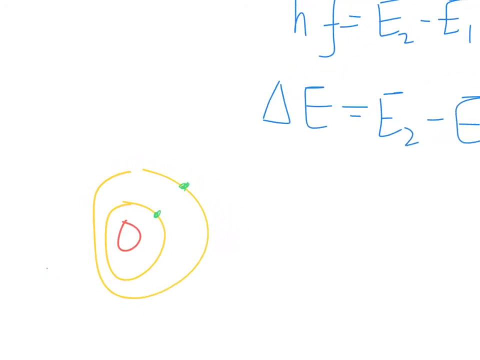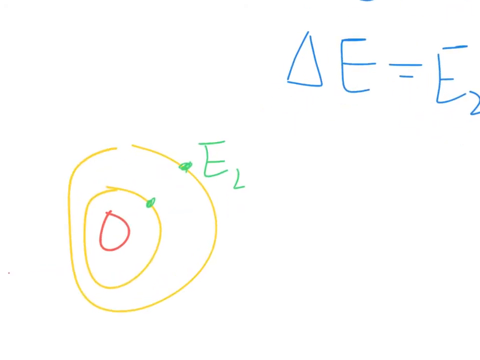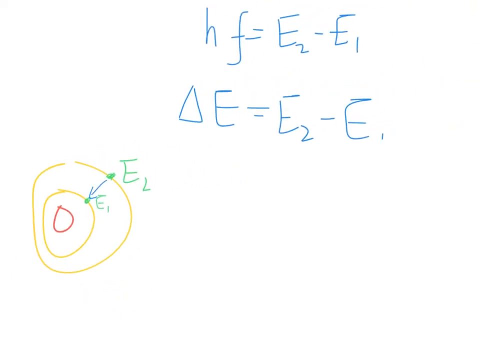Now we know that each of those shells has a certain amount of energy. So we can say that this position is energy 2 and this position is energy 1. So if an electron falls from here to here, it'll give off some energy. And that change in energy is going to be the energy here, take away the new energy that it ends up with. So the difference between these two energy levels is the change in energy, or the amount of energy given off by the electron.